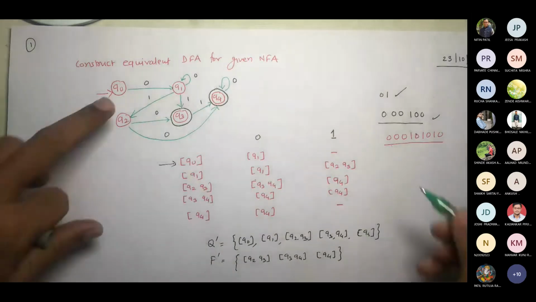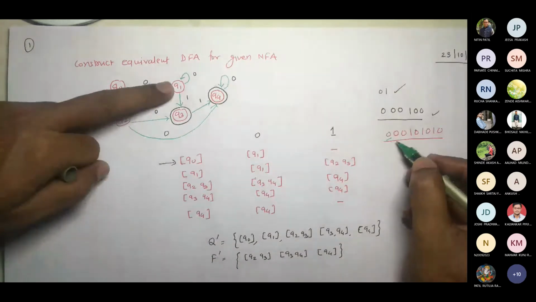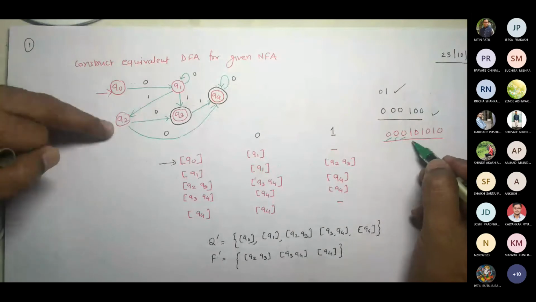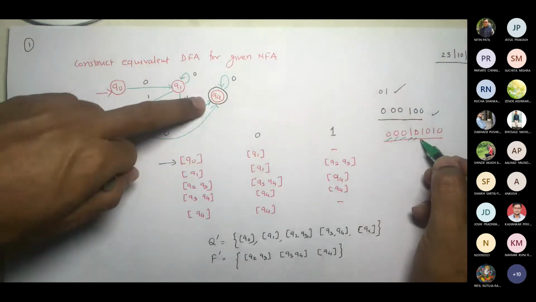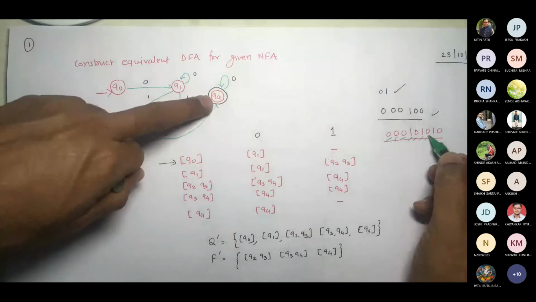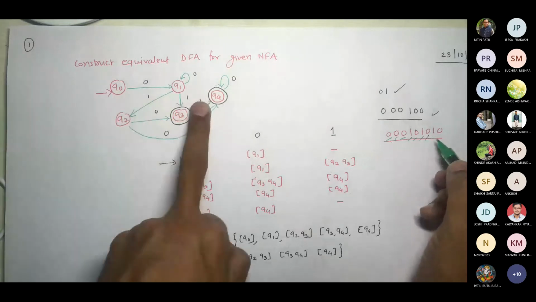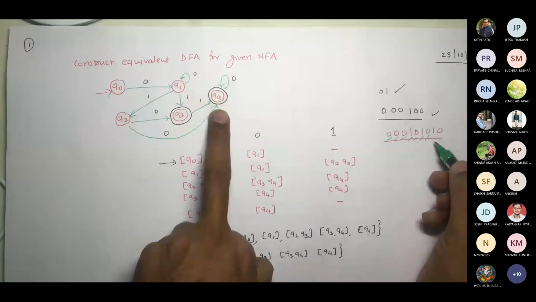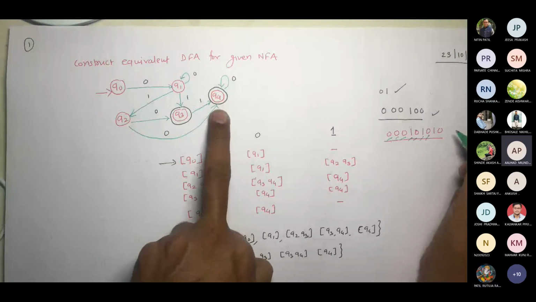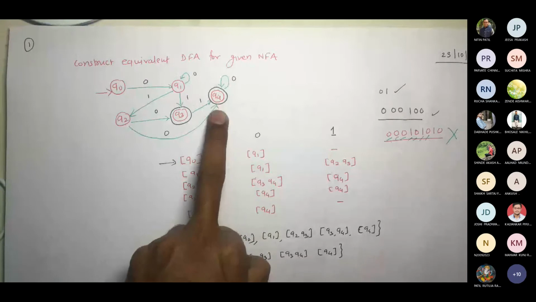So we covered this 0, these 2 zeros, this 1, this 0, this 1, this 0. Now from Q4 on 1, do we have anything? No, sir. This is not accepted.